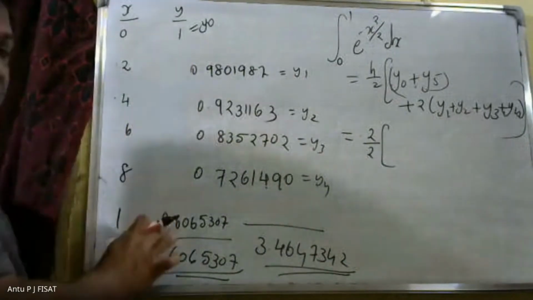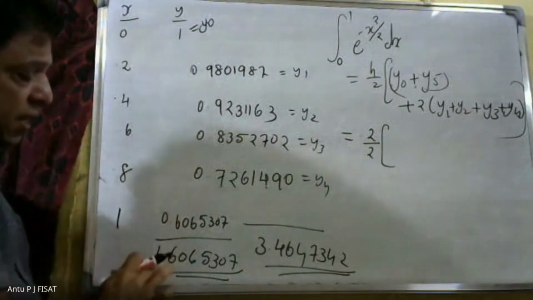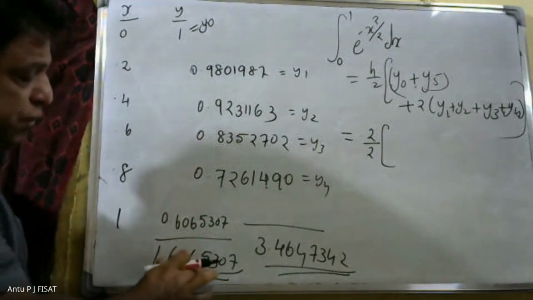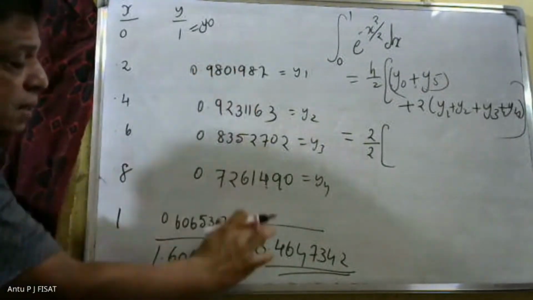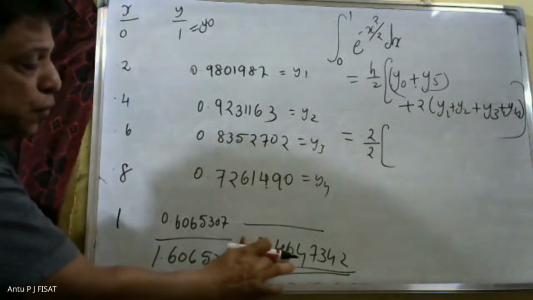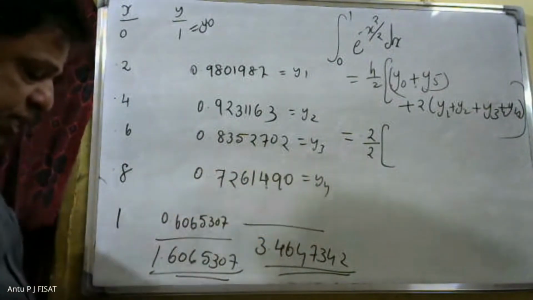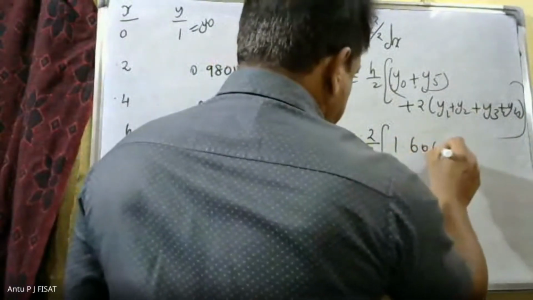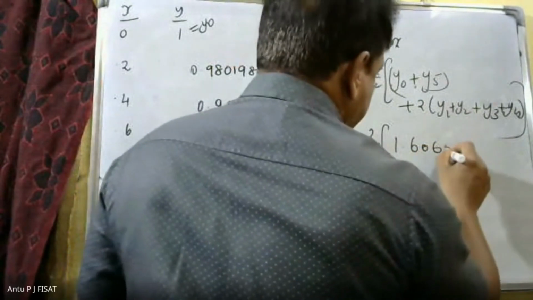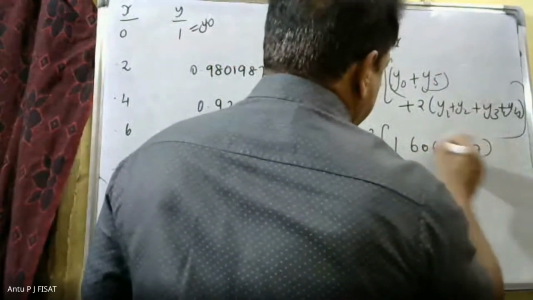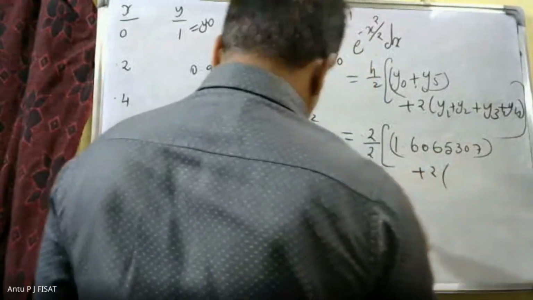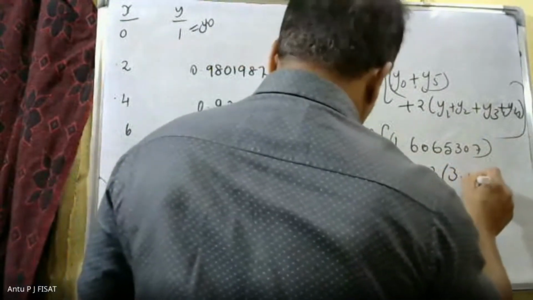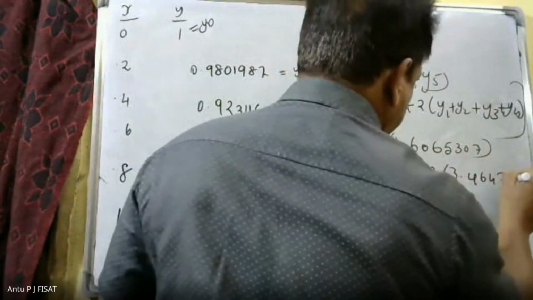So the first term plus last term is 1.6065307, and the remaining terms sum to 3.4647342. We just substitute here: 1.6065307 plus 2 into 3.4647342.